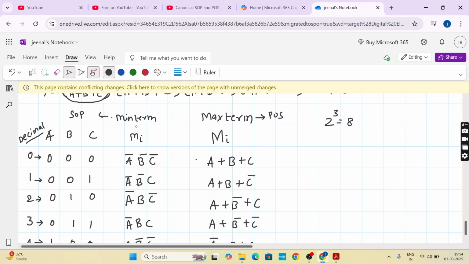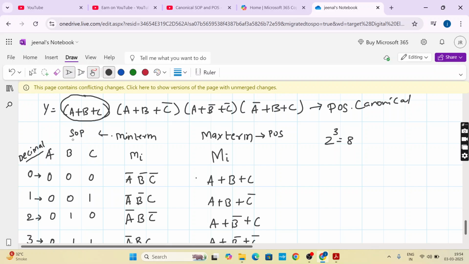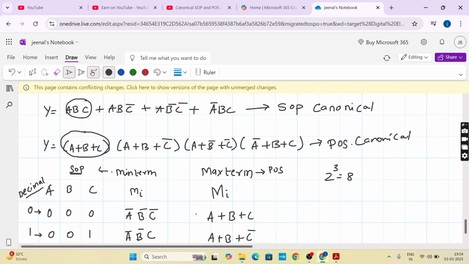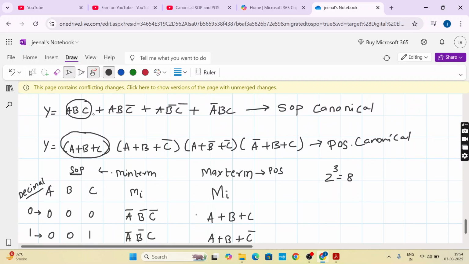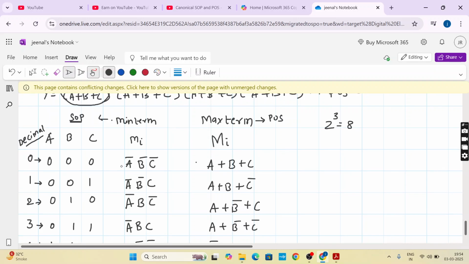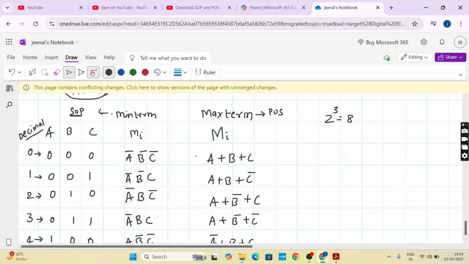A minterm is nothing but a term of an SOP, which is sum of products. Can you see here? This is SOP, the sum of the products. So the minterm will have a product term, which means if I have 0, 0, 0, then I will write this minterm as A bar, B bar, and C bar.